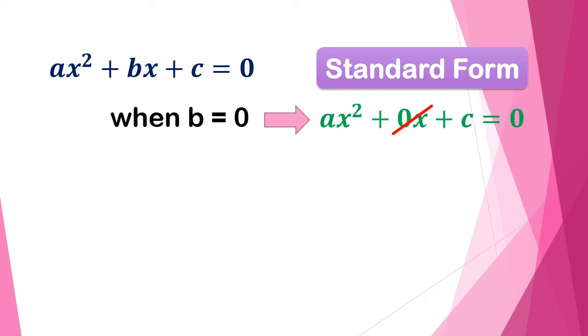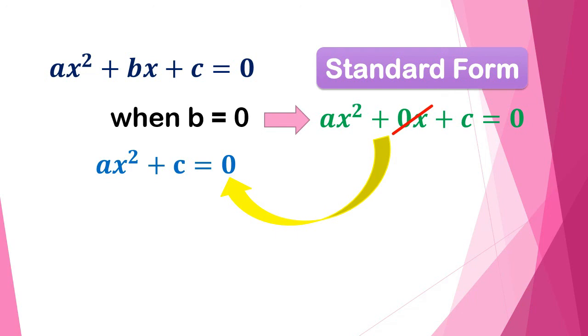Automatically, when we cancel it out, it will become ax squared plus c equals 0. This is another way of a standard form. Yun nga lang, the value for b here is equal to 0.